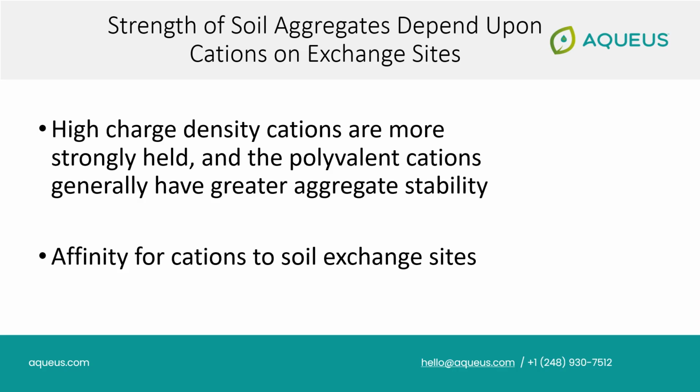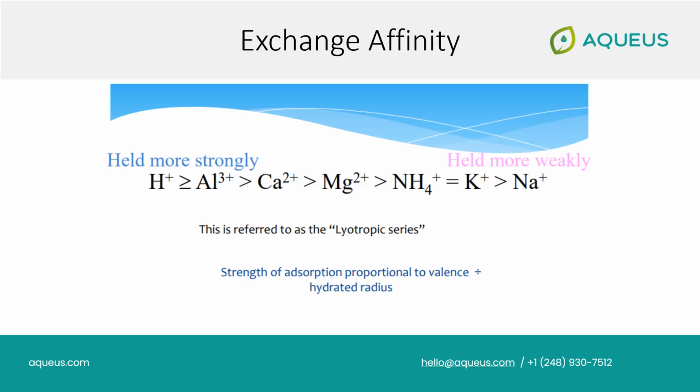But if we have calcium, magnesium, some iron, multivalent or polyvalent cations, they will tend to aggregate stronger. So we have the affinity of those cations to the exchange sites. The more exchange sites that interact between two particles of clay, the stronger the aggregation.